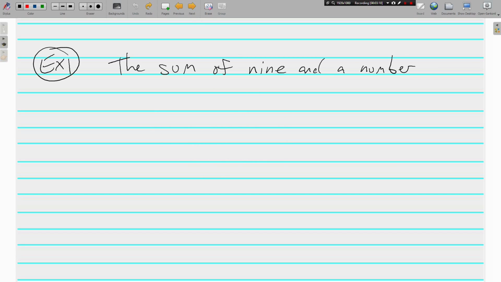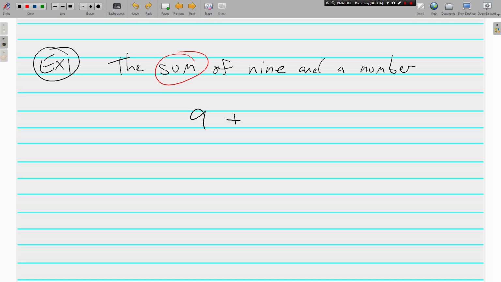So here are some examples. We have all these words from our list, and in our first example we have the sum of 9 and a number. What is our key word here? Well, it's sum. Sum means that we need an addition problem. The sum of 9 and a number. Well, 9's easy enough. But when it just says a number, what do we do with that?